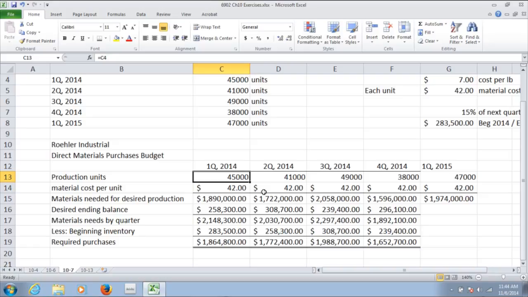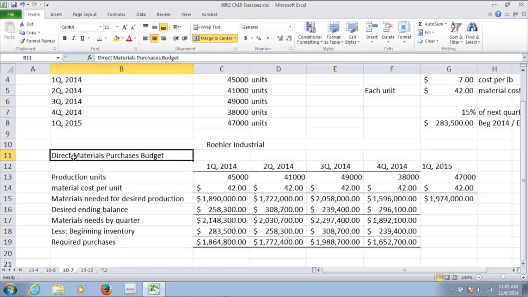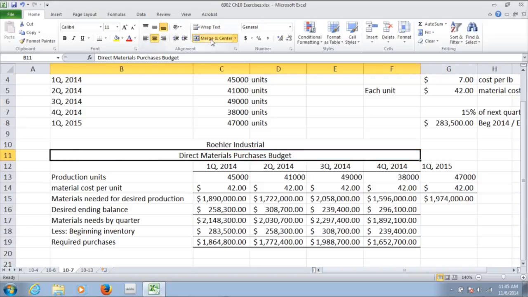So it could be that we're going to have this variation in purchases, and we want to have enough on hand at the end of the quarter, but we don't want to just buy all these materials at once and really have them not be of use in a shorter future.